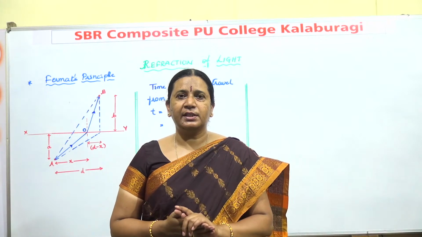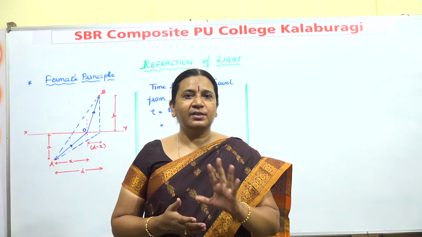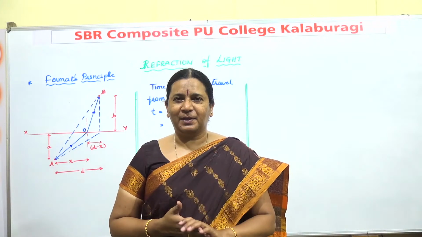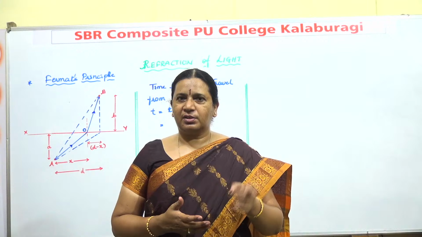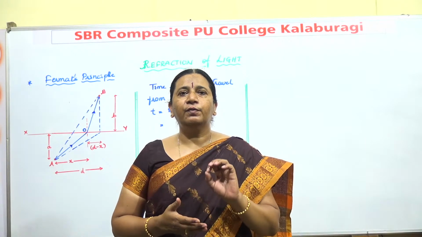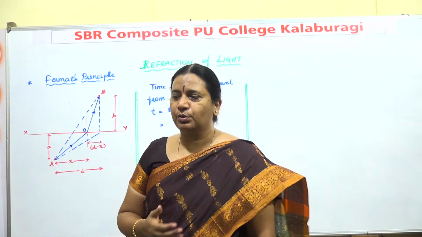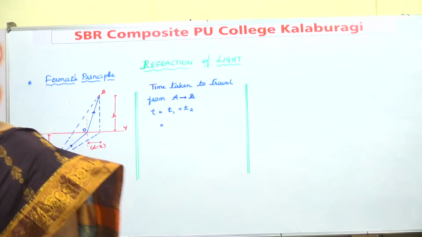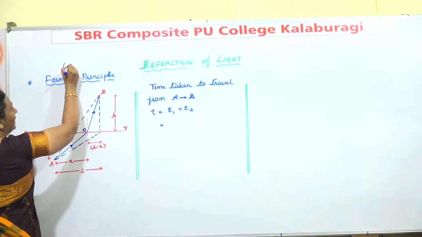So it is called the least time principle also, okay, not least path, children, not least geometrical path. It will seek a particular path along which it can take least time, children. So concentrate, least time.